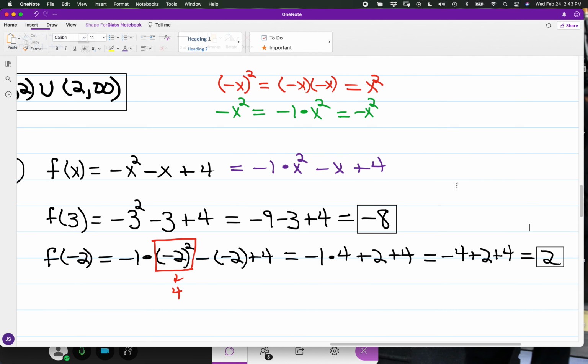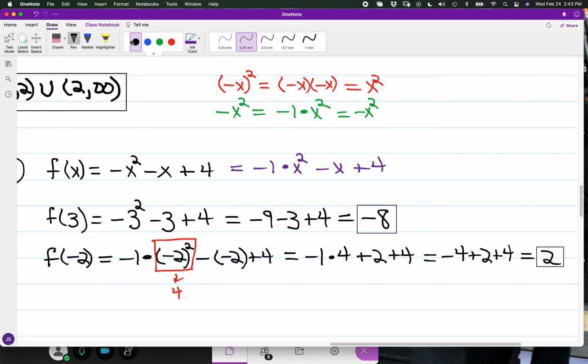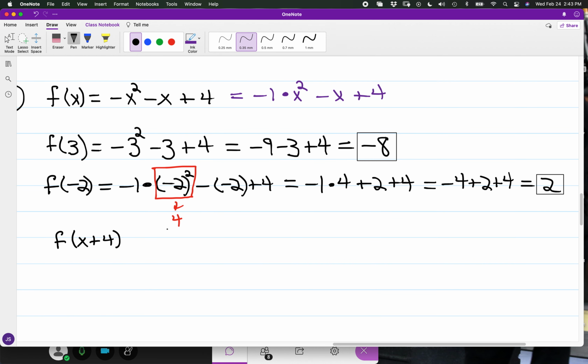Okay. Now, for what we have in the case of the input variable expression, now we have f of x plus 4. So changing the input from x to x plus 4. Okay, so the negative of the square of the input.